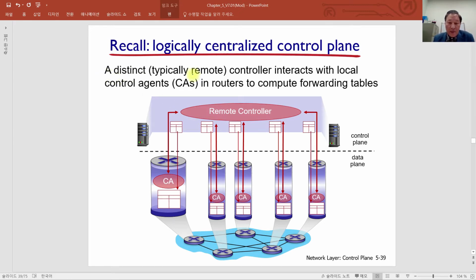A distinct, typically remote controller interacts with the local control agents in routers to compute forwarding tables. This is a local control agent, and this one interacts with this one, also this one. They are control agents, and they are logically centralized and integrated. They may be composed of different servers or a single server, but conceptually and logically they are centralized.